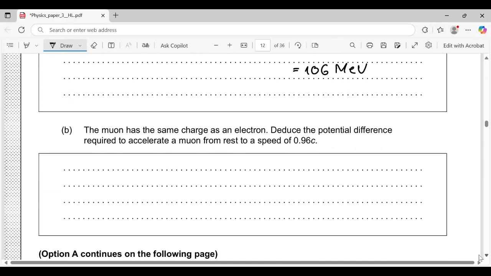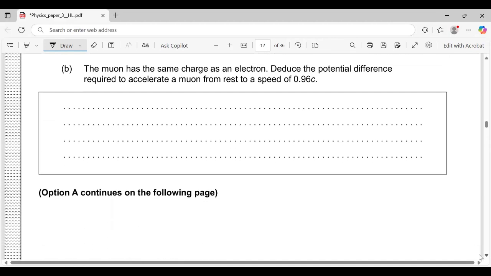The muon has the same charge as an electron. Deduce the potential difference required to accelerate a muon from rest to a speed of 0.96 c, where c is the speed of light.